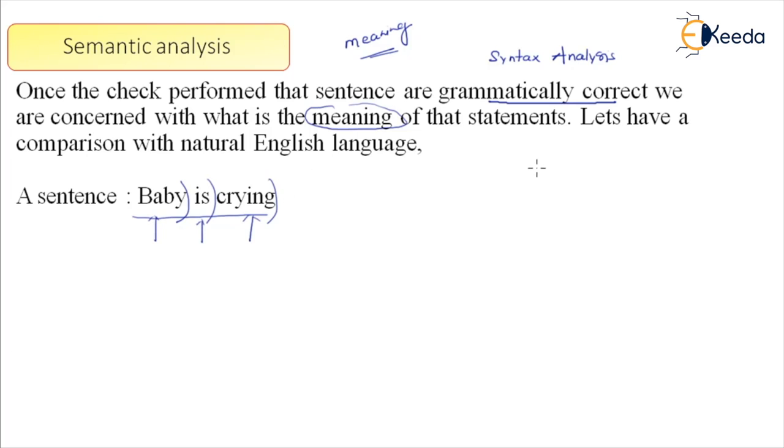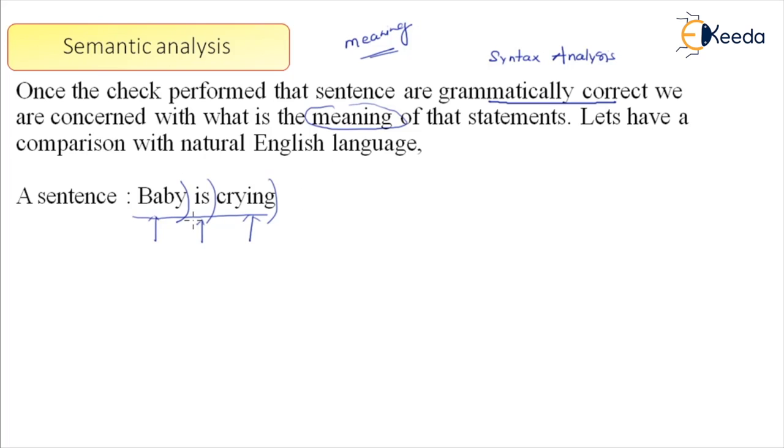Without it being syntactically correct, there is no point of analyzing this sentence further. It has to be syntactically correct. And now we are going to figure out the meaning associated with it. When I say baby is crying, you develop a picture in your mind that there is a small baby and she is crying.